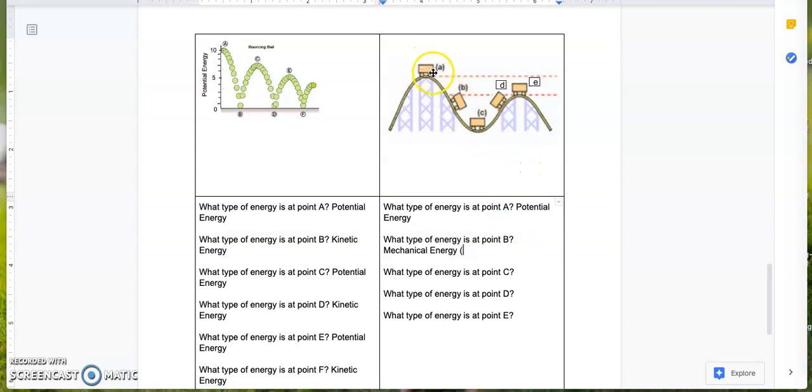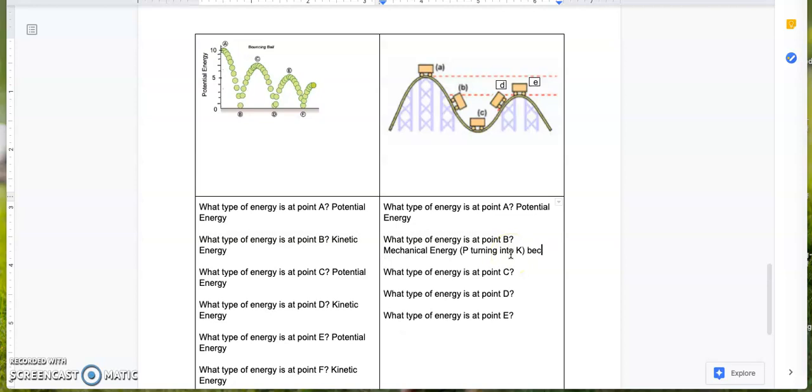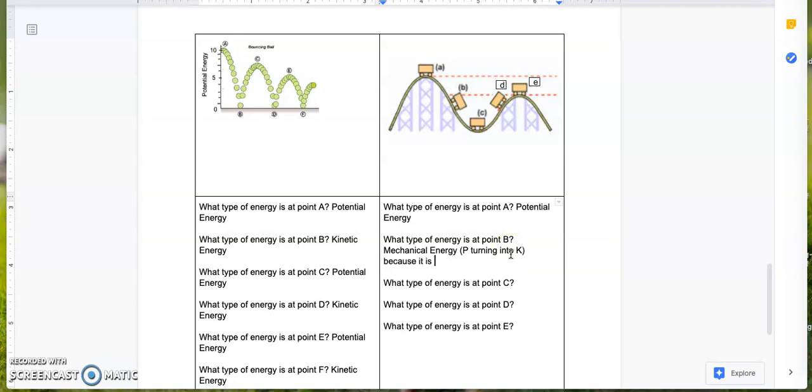So when something is going downhill, it's getting lower, so it's losing its potential. It started with a lot of potential, and it's getting a lot of kinetic. So we say it's mechanical energy, potential turning into kinetic, because it is getting lower and faster.